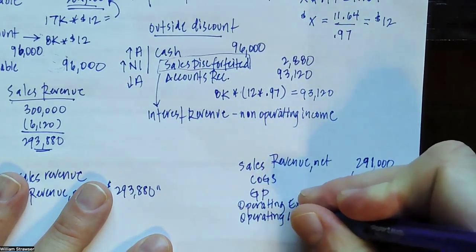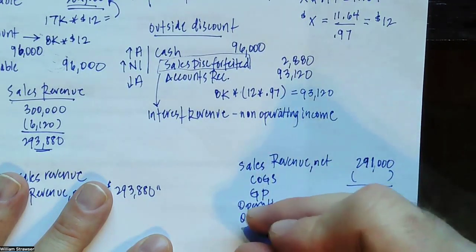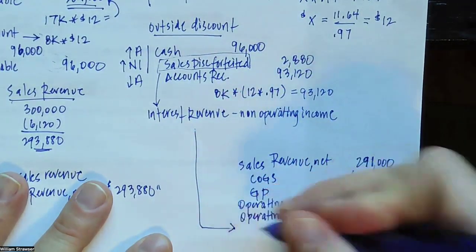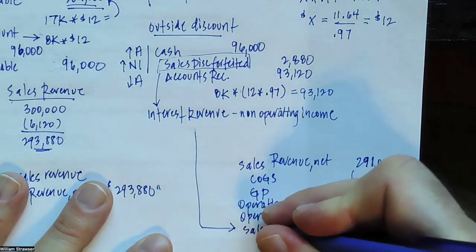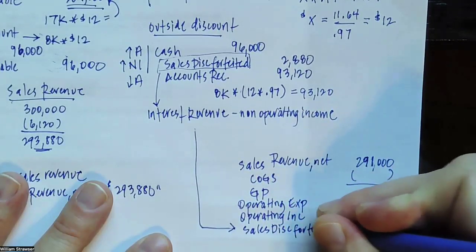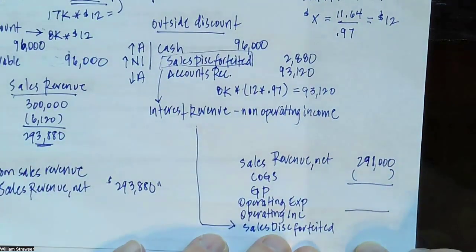And then finally, you would have non-operating items. This is where your interest revenue or your sales discounts forfeited would come in and add to the balance.